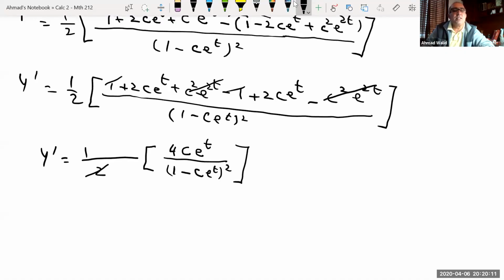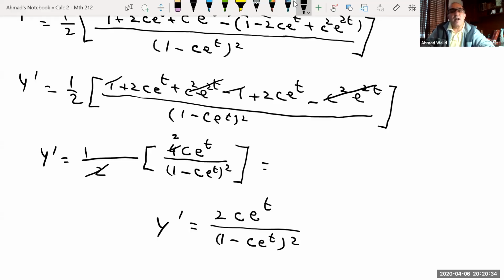Can I simplify this 2 with the top? 2 goes 2 times to 4. Then I can write y prime equals 2ce to the power of t over 1 minus ce to the power of t all squared.